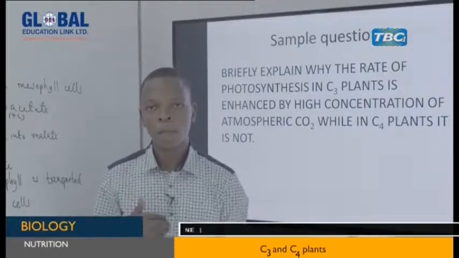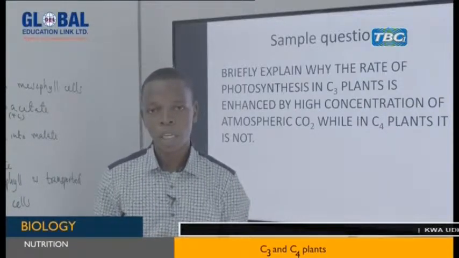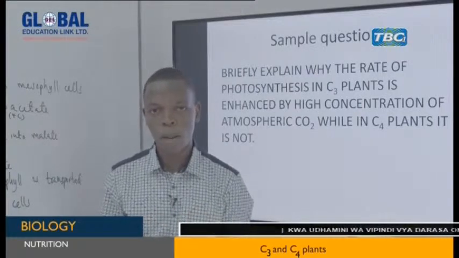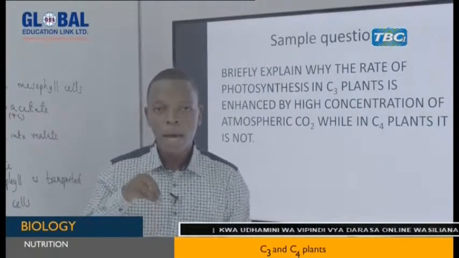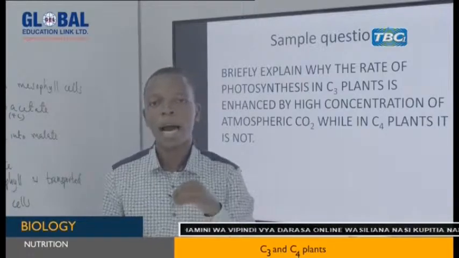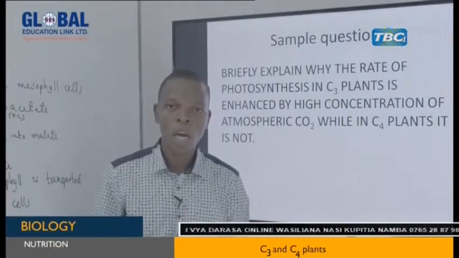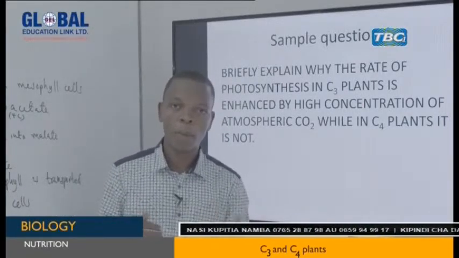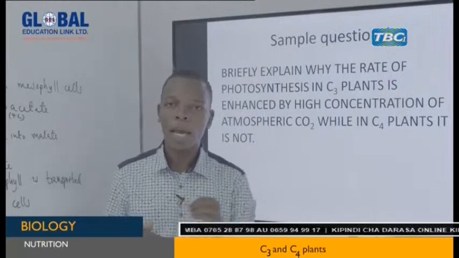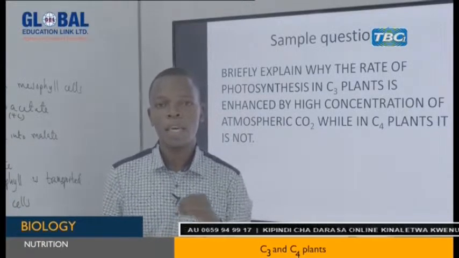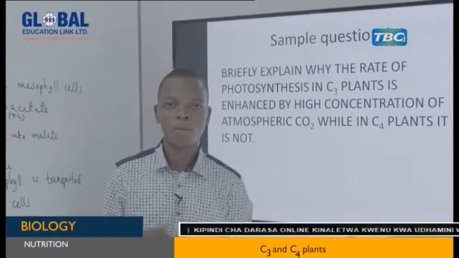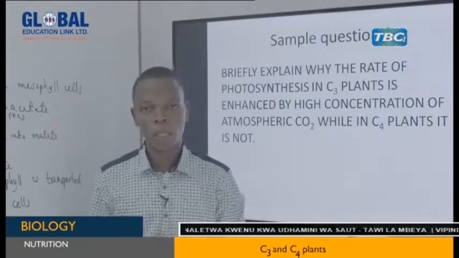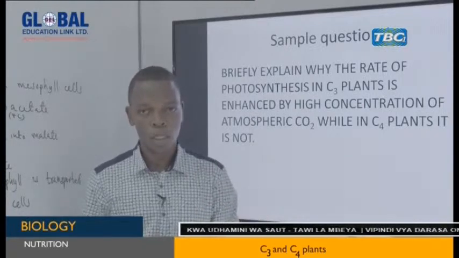Therefore, even if there is an increase in carbon dioxide concentration, it cannot cause any effect on the rate of photosynthesis in C4 plants, because the inner chloroplasts have a higher concentration of carbon dioxide compared to the atmosphere. See, this is a response we expect you to answer from this question.